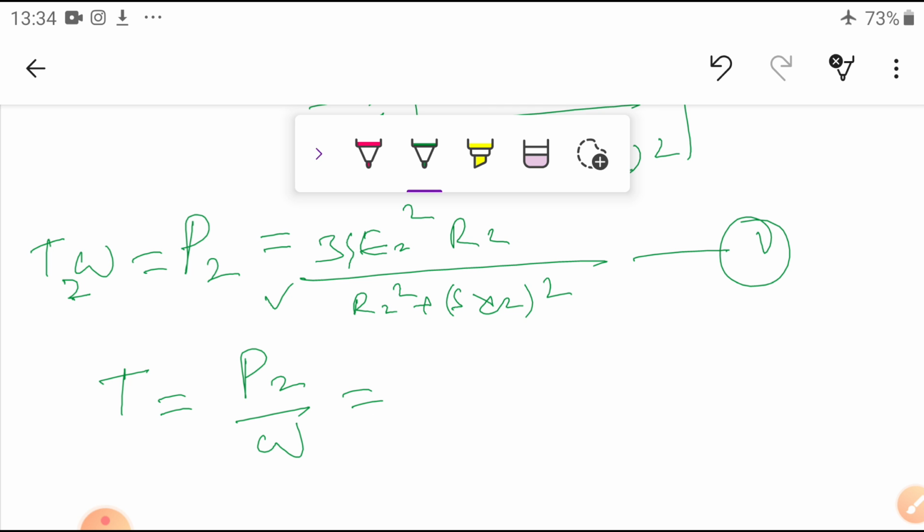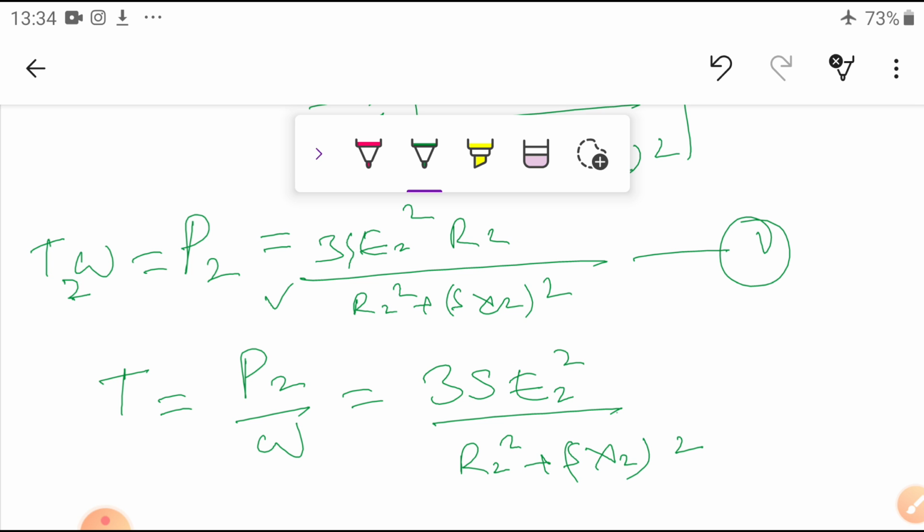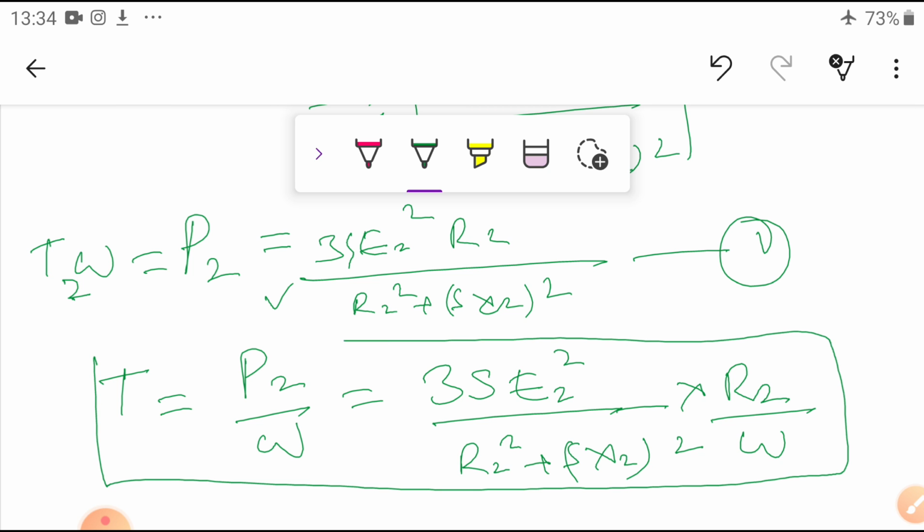P2 is 3 into S into E2 whole square, divided by R2 whole square plus Sx2 whole square, into R2. This is divided by omega. This is the torque developed in the rotor in terms of R2.